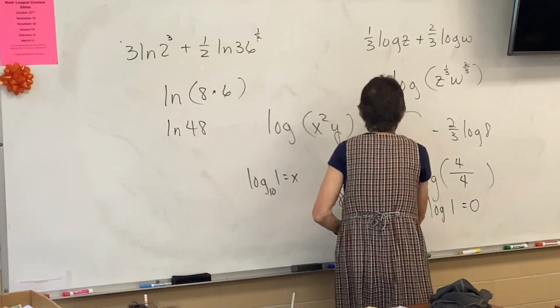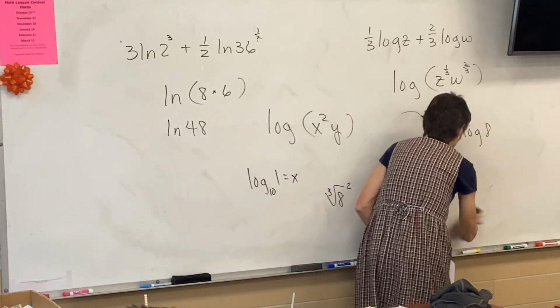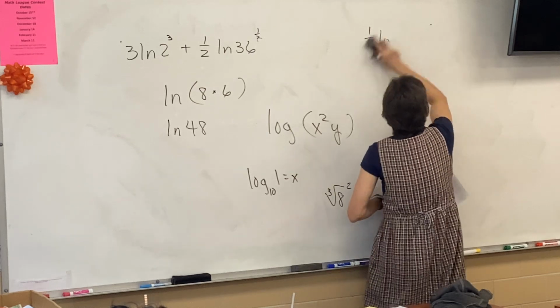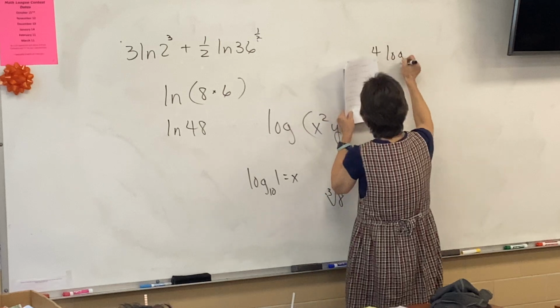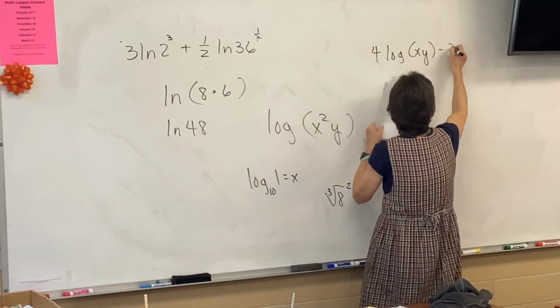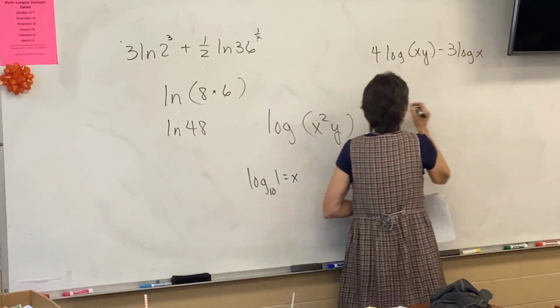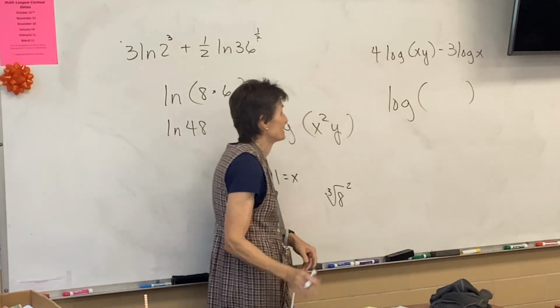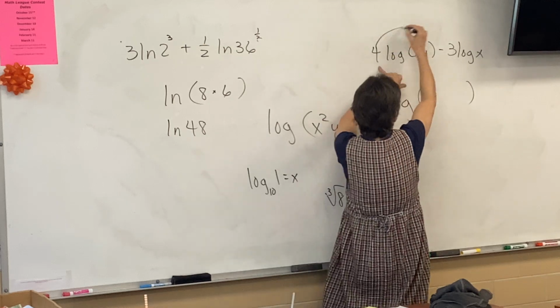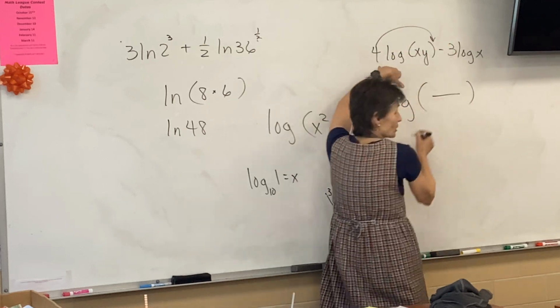One more and I'll be quiet, alright? What do you think about the last one? log x to the fourth y minus 3 log x. Okay, we're gonna write this as one logarithm, so what's gonna be inside the parentheses? It's gonna be a division, right?